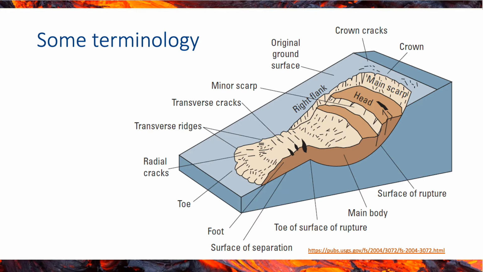Underneath the body, you have the rupture surface, and the surface deformation on the landslide itself can often be cut by transverse cracks, transverse ridges or radial cracks, depending on the way the landslide has moved and the kind of material that has moved.